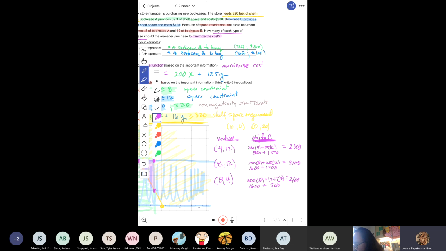Now, remember, I'm being asked to minimize the cost. So which one of these represents the minimum cost? This one, right? This is the minimum. So how would I represent my answer? This is a word problem.